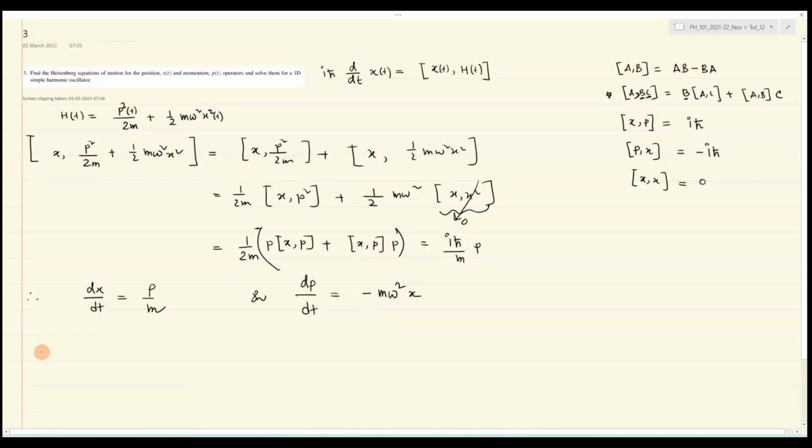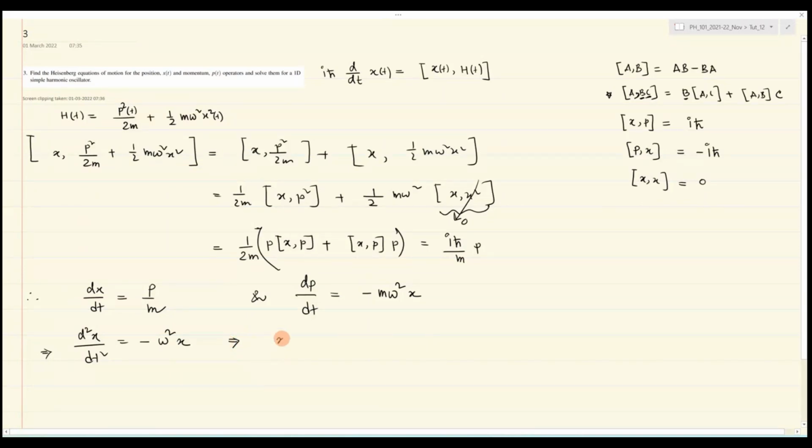Now you take the second derivative, d2x/dt square. It will give dp/dt by m. You substitute from here, you will get minus omega square x. Now you get this equation, so you can solve it.